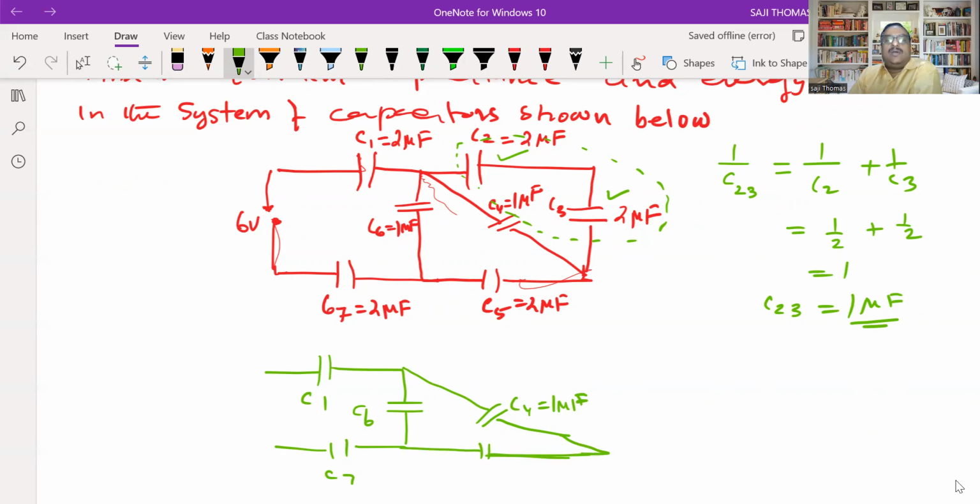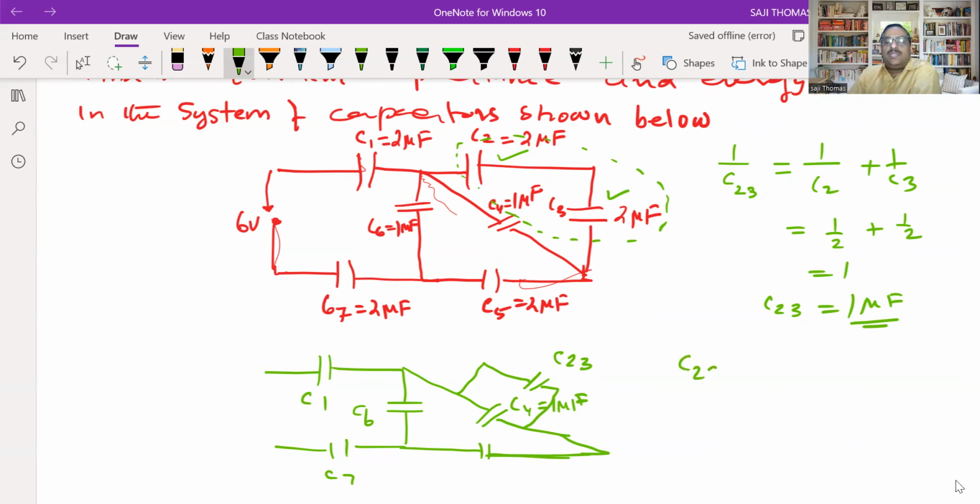Now you found the equivalent of C2 and C3, so C23 is in parallel with C4. Now you can find the parallel combination of C23 and C4.